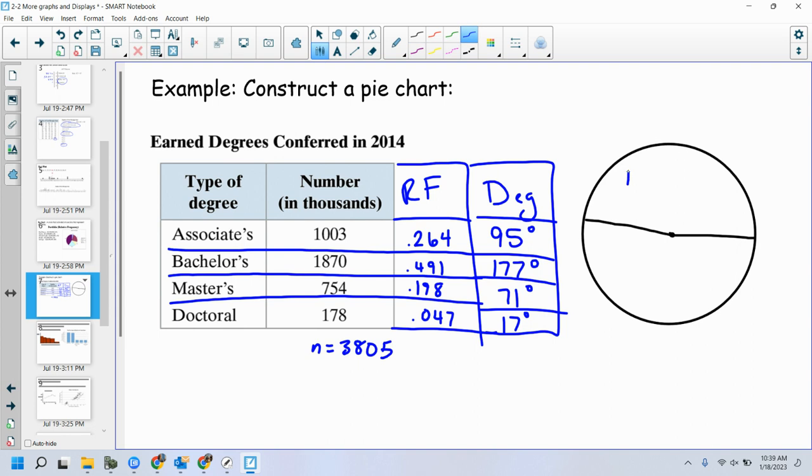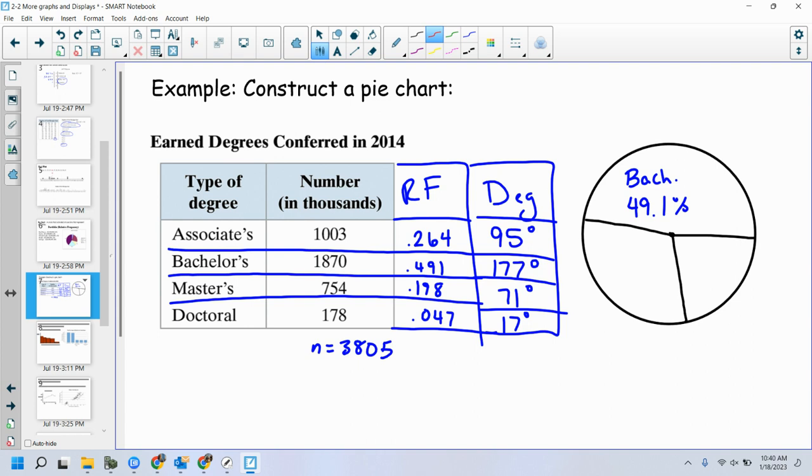So we can say bachelor's here at 49.1%. And then we could say, well, 95. So 95 plus 177. Okay, so that's going to get us just a little bit more than 3/4 down below, right? So maybe just a little bit down here.